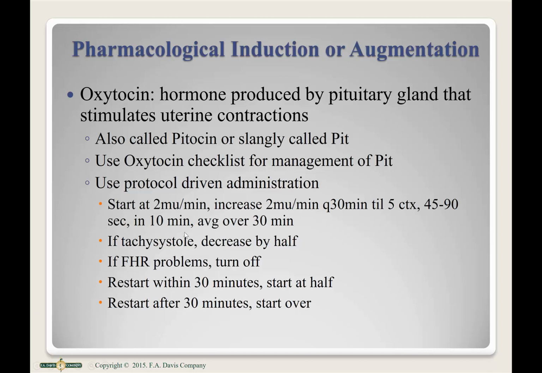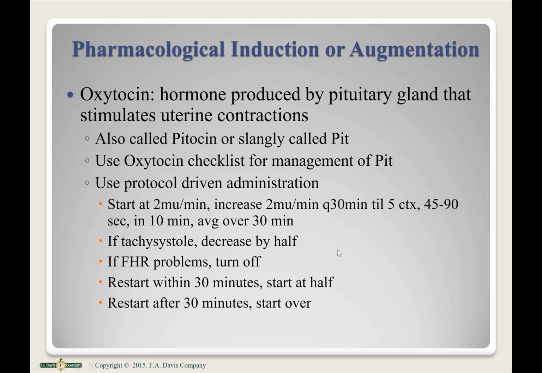The protocol also tells us what to do if we run into problems. One problem is tachysystole: too many contractions, more than 5 in a 10-minute period. In that case, we take the rate we're running the Pitocin and cut it in half.